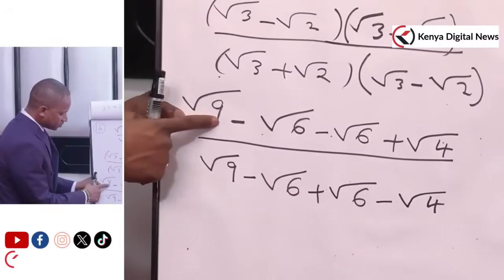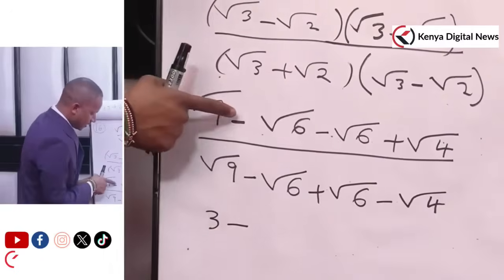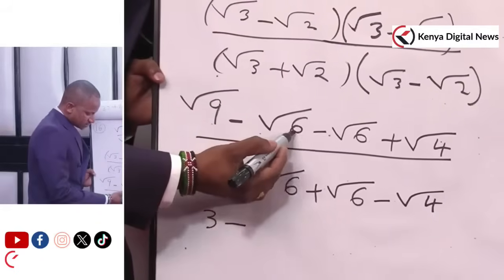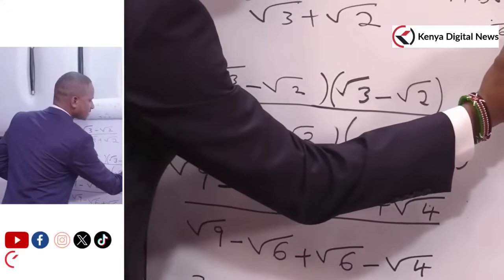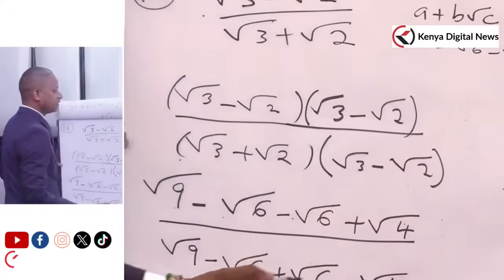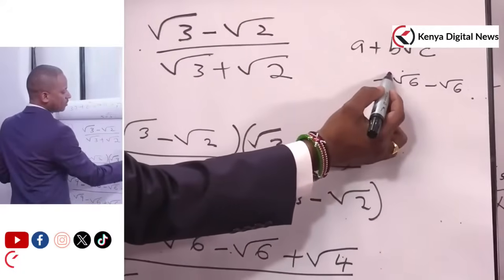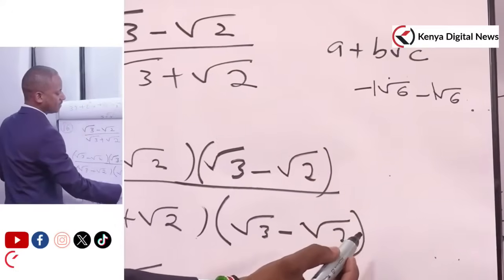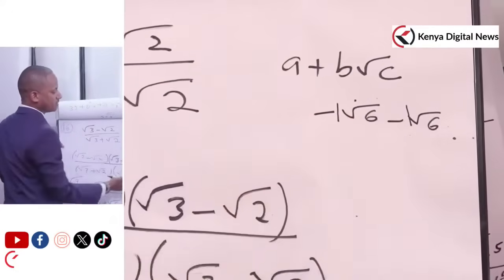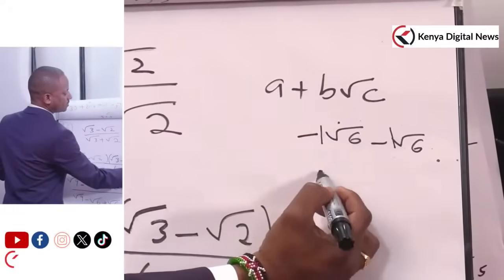The numerator, root 9 is 3. Minus root 6 minus root 6. If you're given minus root 6 minus root 6, what you do, you add the numbers which are here. It is assumed that 1 is there, because if it is 0, it makes the whole thing 0. So you only add minus 1 plus minus 1, which is minus 2.